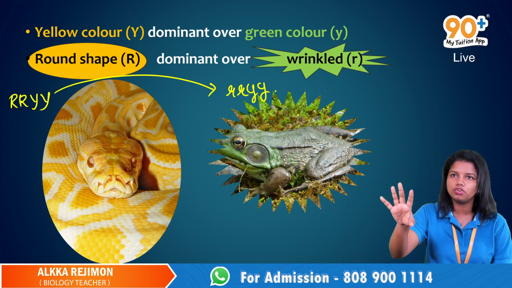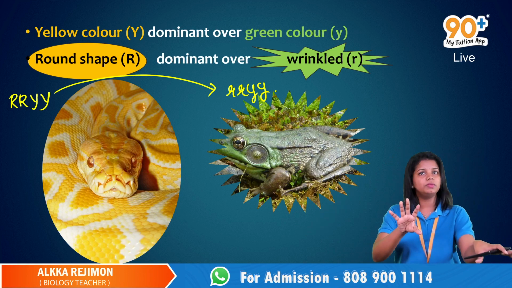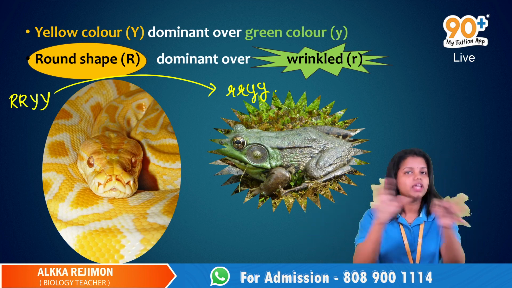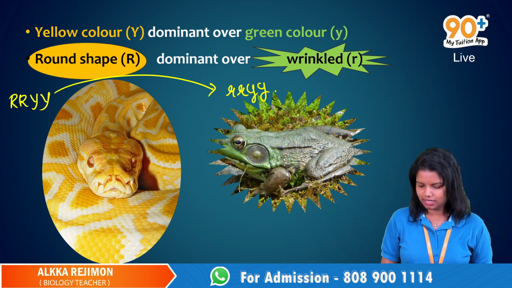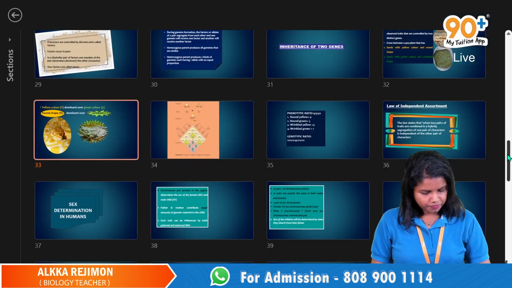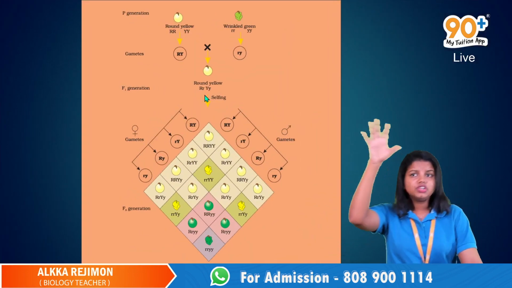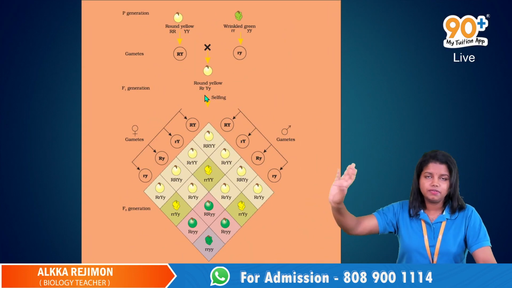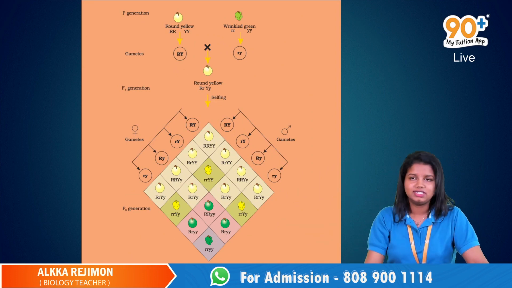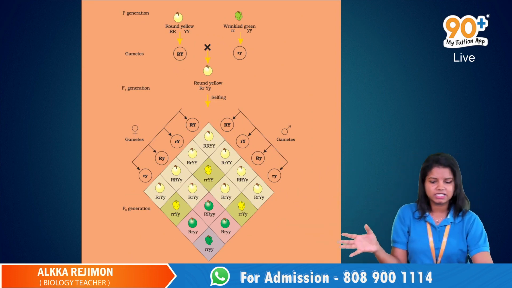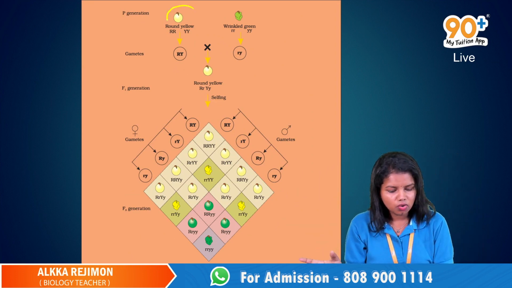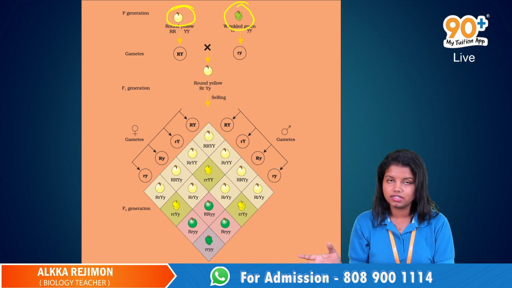This is a factor to learn by heart: which color dominates over which, and which shape dominates over which. Keep that in mind. So that's it here. And the entire story of this is in this single figure, taken from your NCERT text. The cross is basically done between the round yellow seed and the wrinkled green seed.